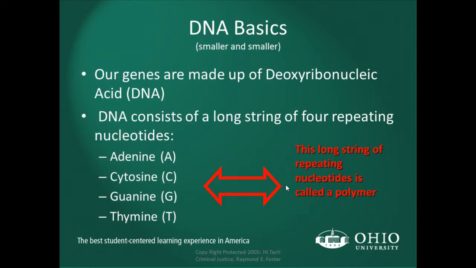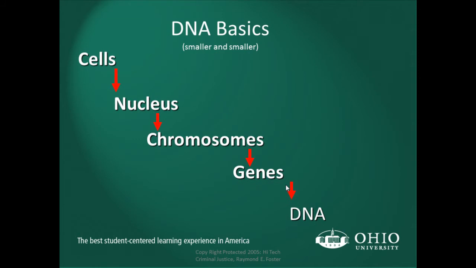Our genes are made up of deoxyribonucleic acid, DNA. DNA consists of a long string of 4 repeating nucleotides. The 4 nucleotides are, here on the left, adenine, cytosine, guanine, and thymine. Typically those bases are paired up: adenine with thymine and cytosine with guanine, and they create these long repeating strands.